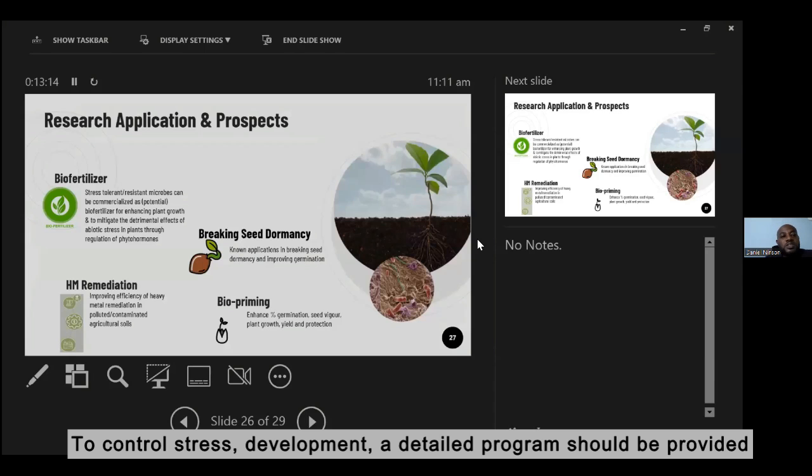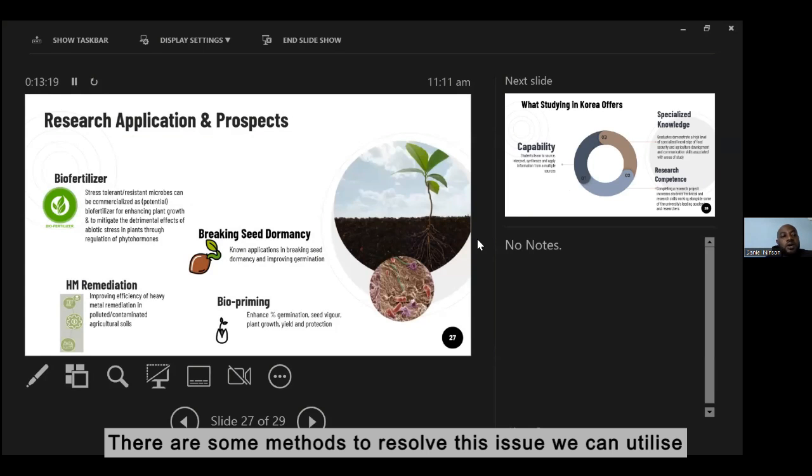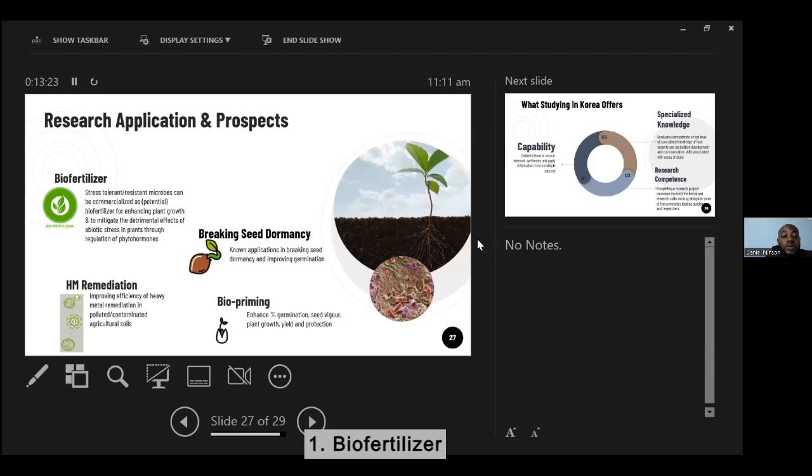So how could this be applied? There are various prospects. Some have already started developing, especially in the developed world, that could easily be integrated into what we do here. There's potential for biofertilizer production, where these microbes can be commercialized through their integration into fertilizers, and they can enhance crop growth and also mitigate the detrimental effects.